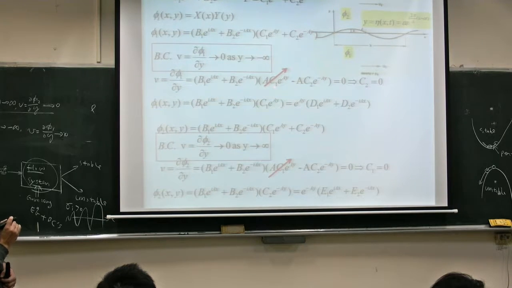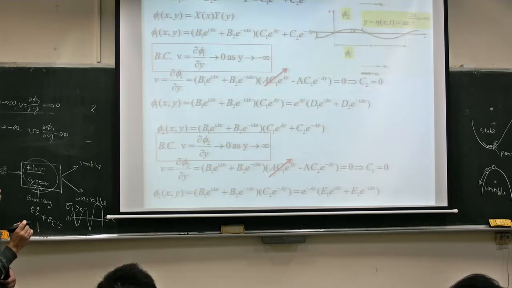And our equation becomes like this. This term multiplied by this term should be equal to 0, because our velocity should approach 0. Since this is an arbitrary value, and this is also an arbitrary value, and when y goes to minus infinity this becomes exponential growth, the only constant we can make equal to 0 is C2.